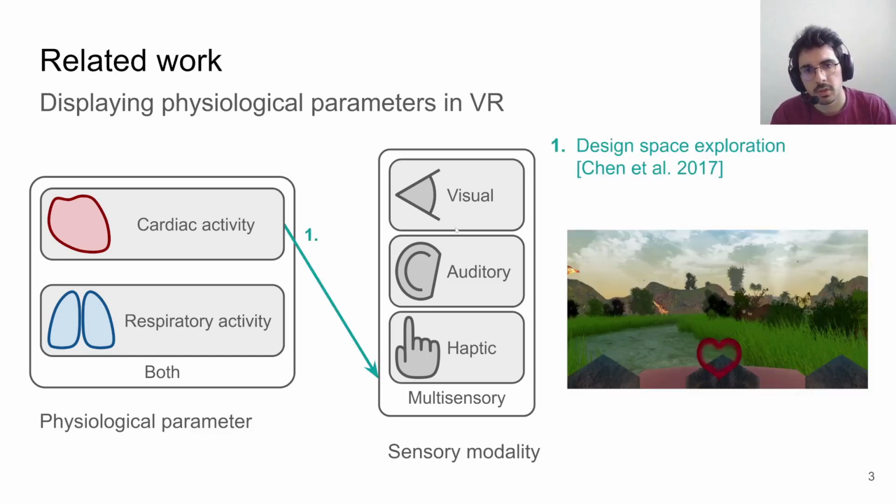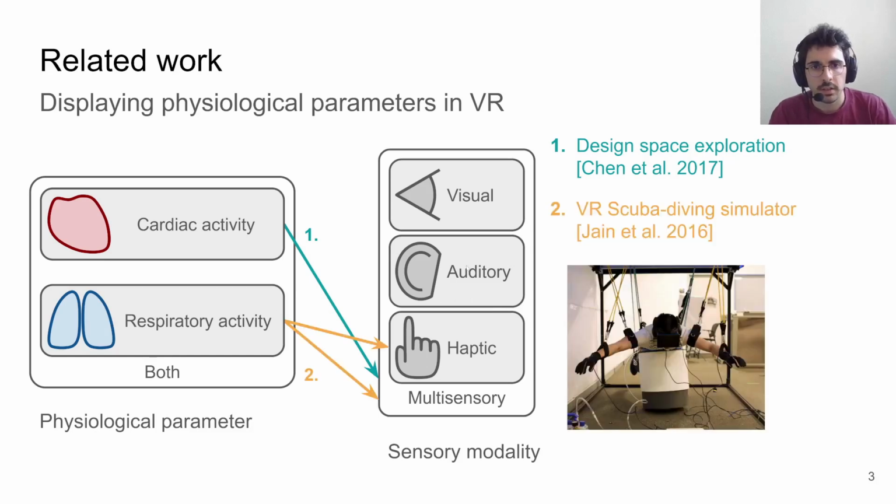So first, our work contributes to these fields by performing a design space exploration. So we propose both visual, auditory, and haptic representations for cardiac and respiratory activity. Then we propose a new way to represent respiratory activity via haptics and thus via multiple sensory modalities, where only one was proposed in the past.